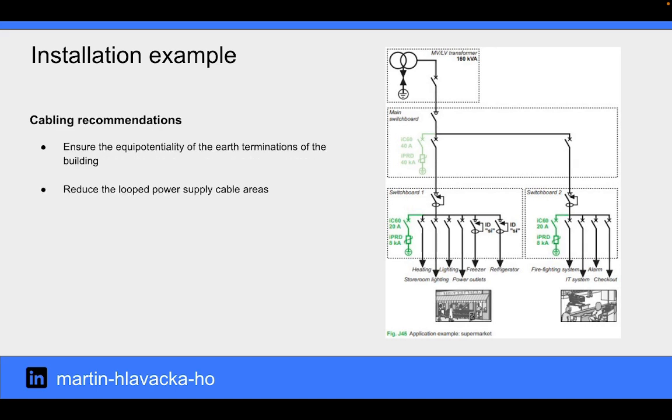For cabling, it is recommended to ensure the equipotentiality of the earth termination of the building and reduce the loop power supply cable areas.